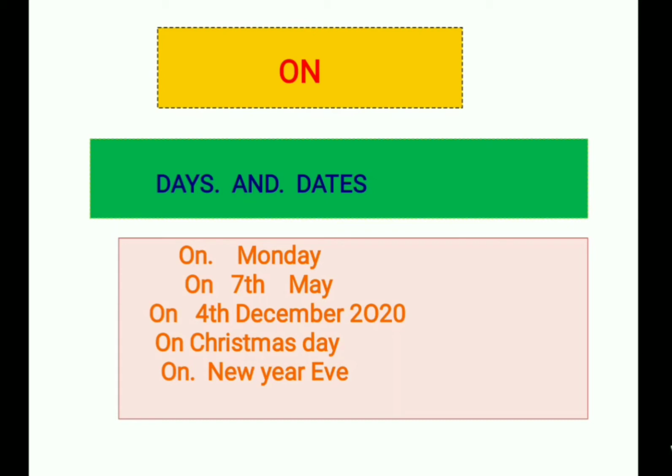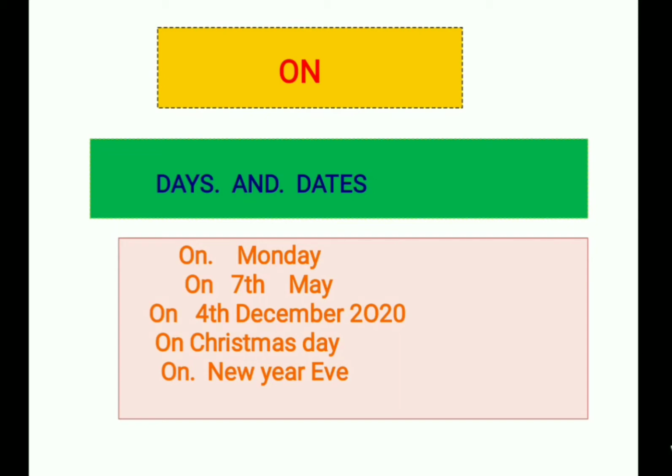On का use dates के लिए किया जाता है. On 4th December 2020. For this we are using on. Got it? On Christmas Day. On New Year's Eve. For example, let's have a party on New Year's Eve. We use on right over here.